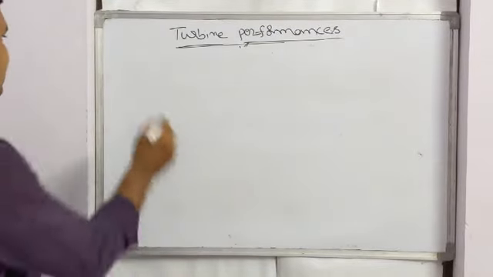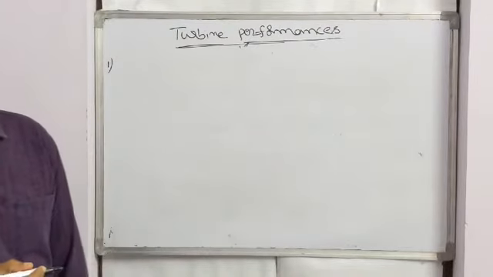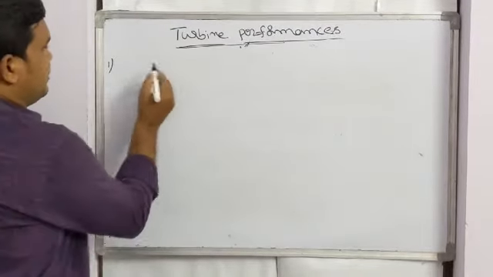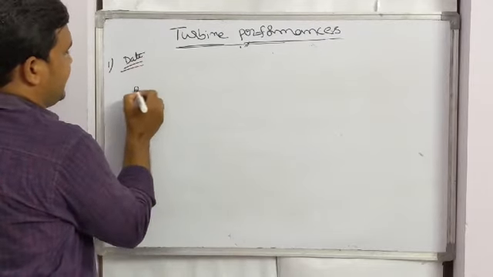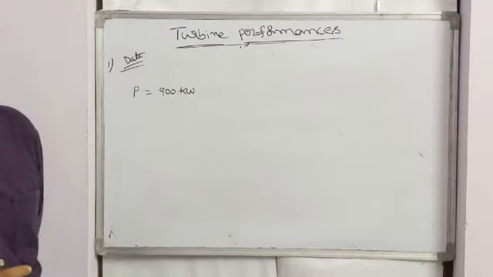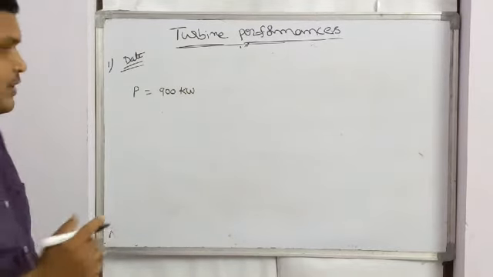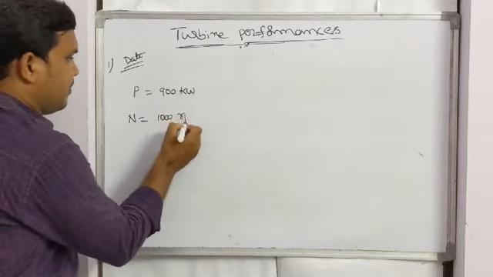The first problem on turbine performance: a turbine develops 900 kilowatt when running at 1000 rpm.